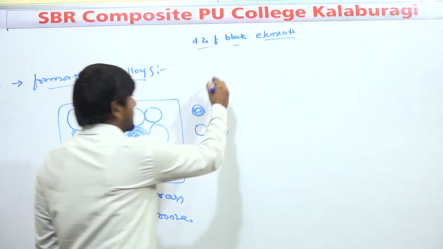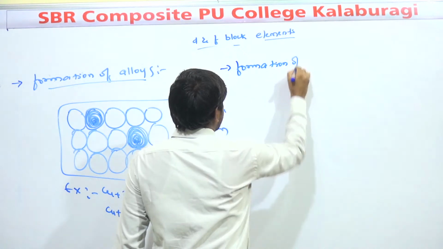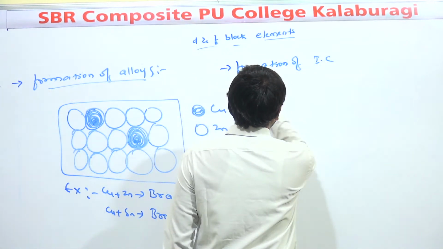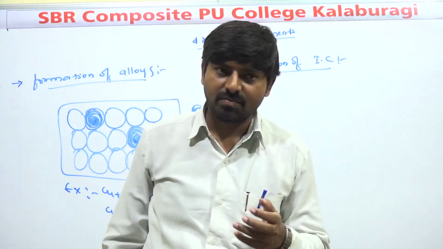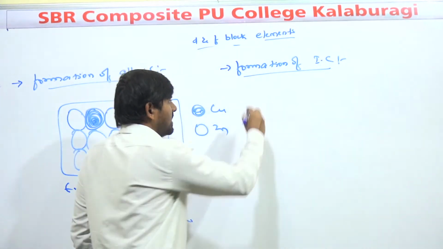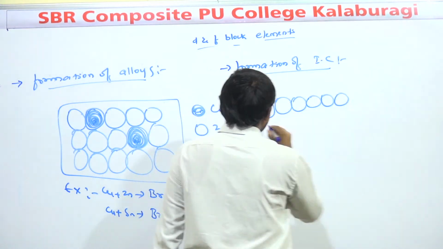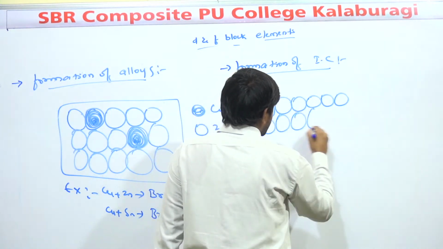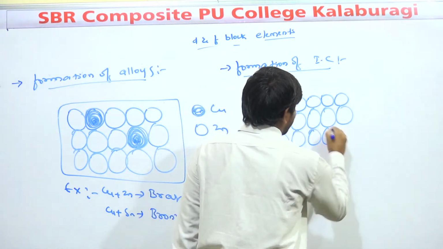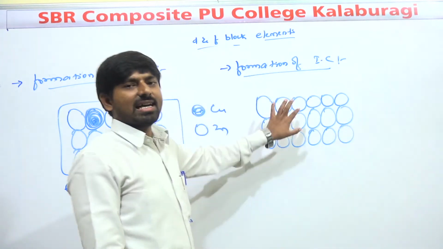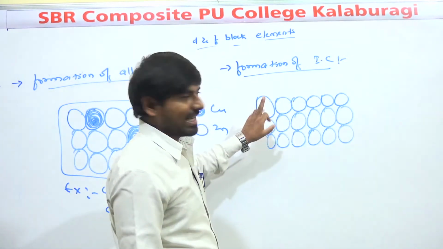Now the next heading comes: formation of interstitial compounds. Now what does interstitial compound mean? It is quite simple. Let us consider again one particular chemical, I don't know what chemical it is, which I am considering as X. This is chemical X. See the diagram properly.